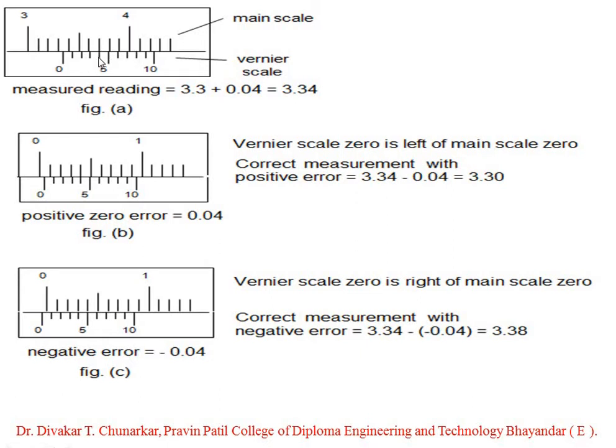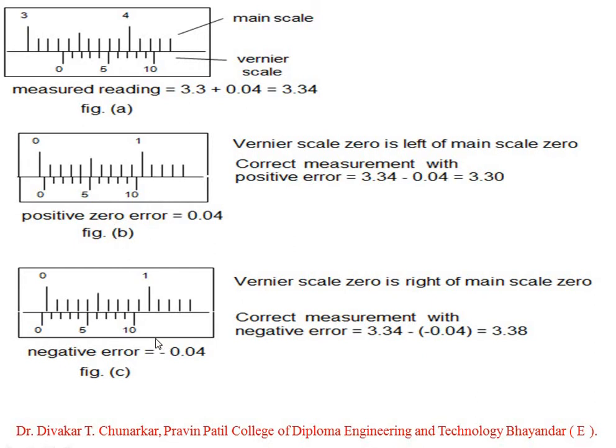Suppose we consider 1, 2, 3, 4: this 4th line is completely parallel to the main scale line. So this is 4, and 4 into LC, that is 0.04. So our error is 0.04, and this is our positive error, keep in your mind.